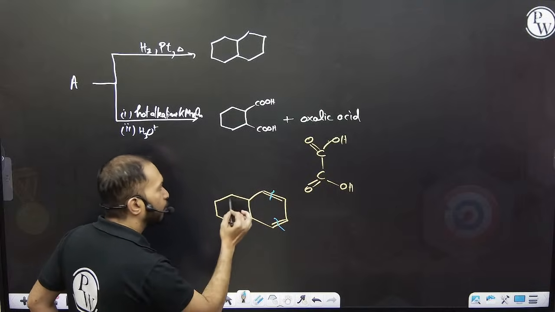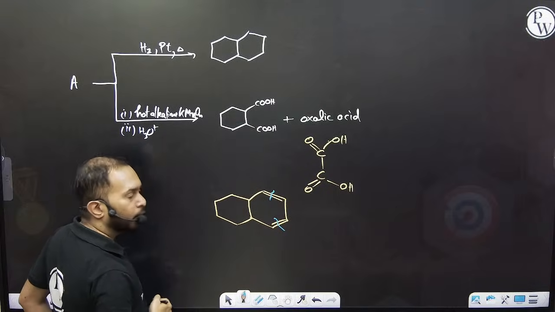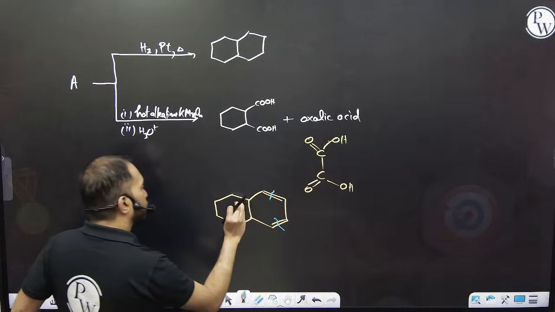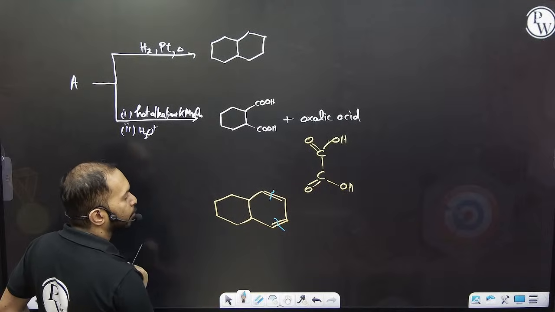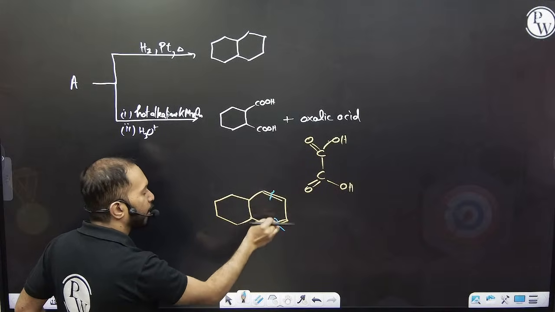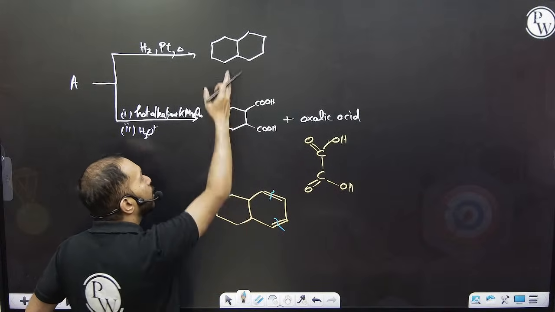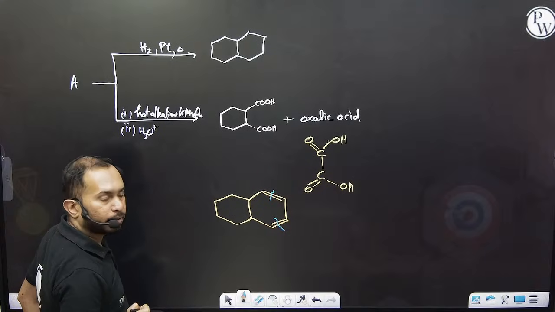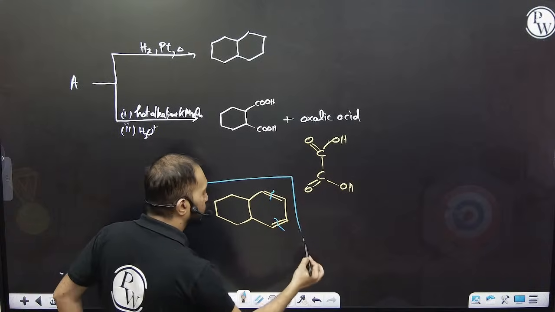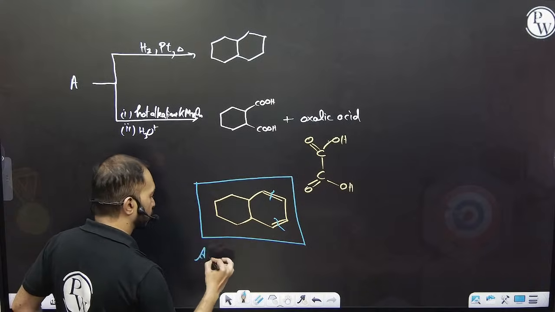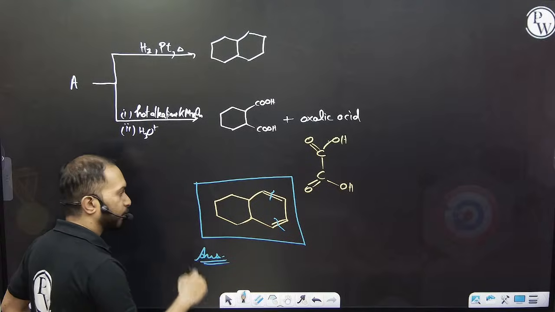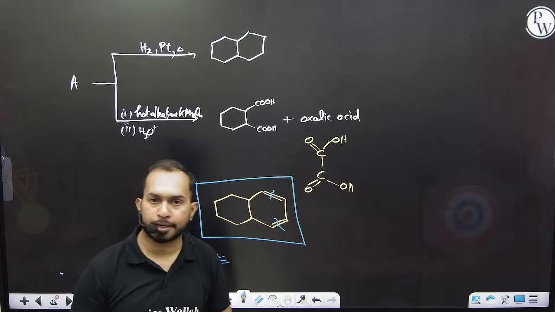From the left hand side you are going to get this one, right? Now do the hydrogenation of this compound. If you do the hydrogenation, both the double bonds will get reduced, H2 molecules will add up, and you will get this compound as product, right? So that means this was the answer. One of the options was this, and you have to take that option, right?